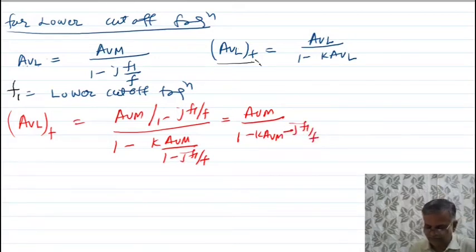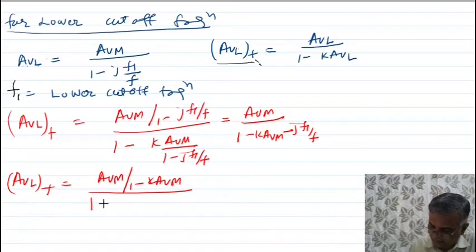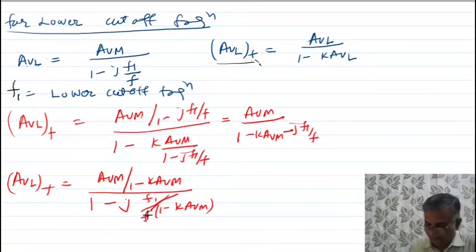It's very simple mathematics. I am dividing the numerator and denominator by 1 minus K AVM, so it becomes upon 1 minus j f1 upon 1 minus K AVM into f.